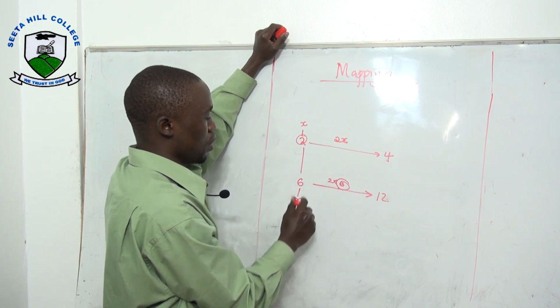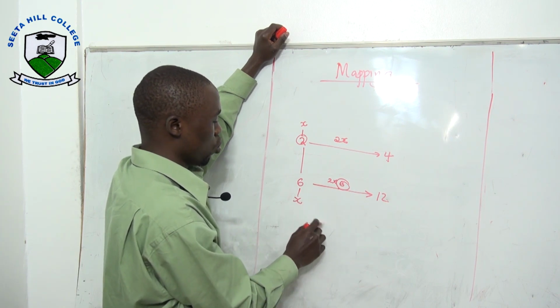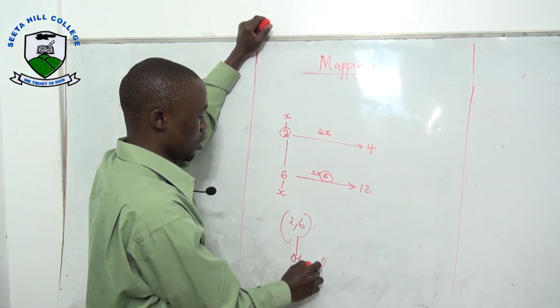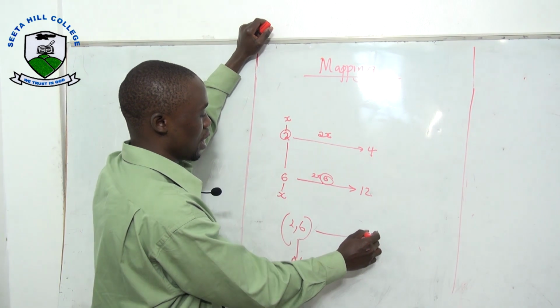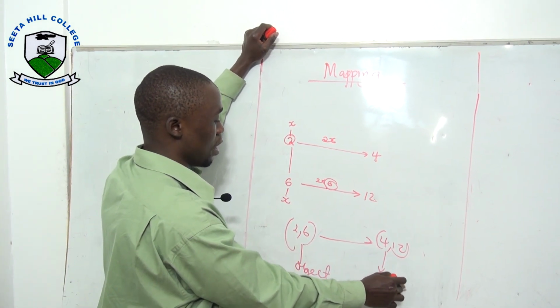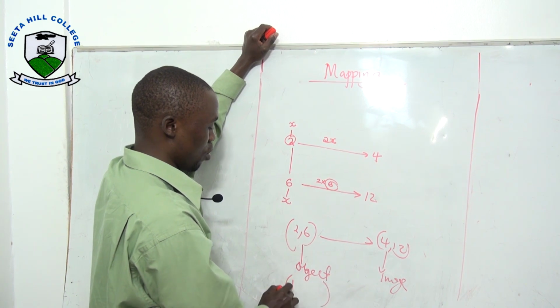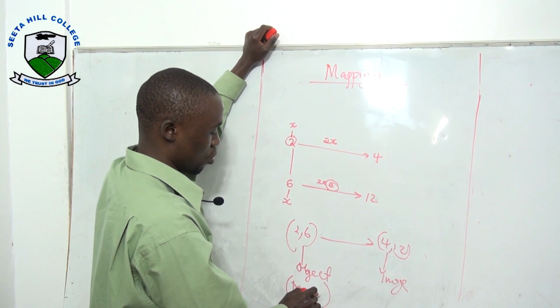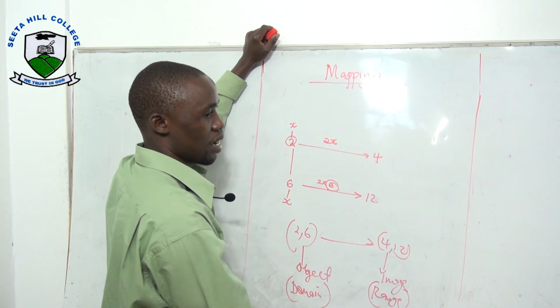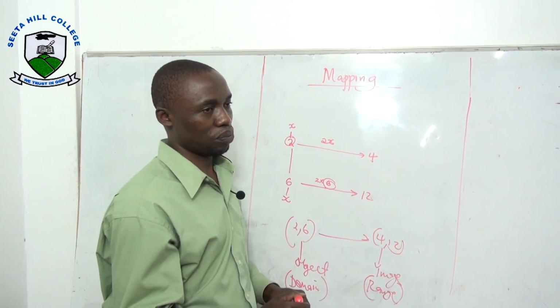Now listen, this side having 2 and 6 stands for what we call the objects. Then the other side gives us what we call their images. Now the objects are also given a name called what? Then these are called the range.